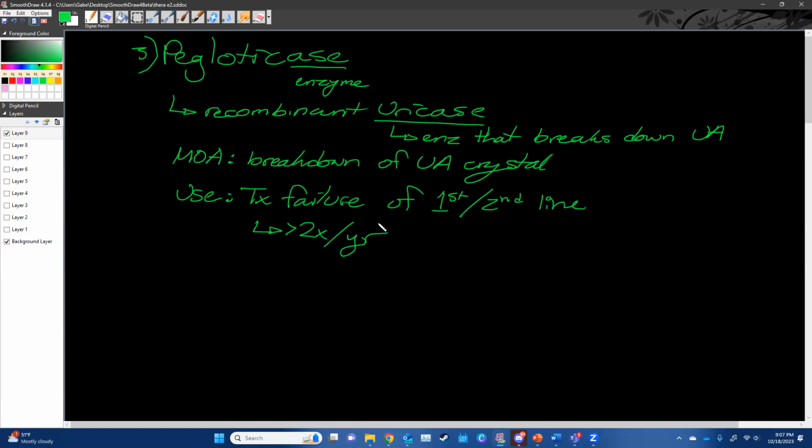So you're on allopurinol, you're on febuxostat, or you're on probenecid, and you're still getting gouty attacks. Or maybe you can't take allopurinol because you have the HLA-B 5801 allele. Maybe you have heart failure, so you can't take febuxostat. So we would add pegloticase in this case. So it's only really used in cases where we can't use the first line, or the first line isn't working.